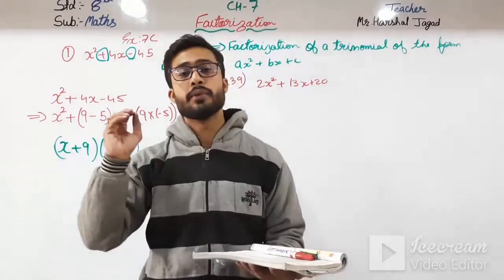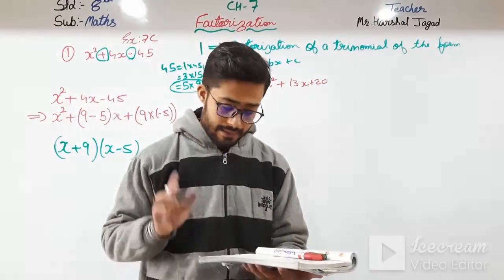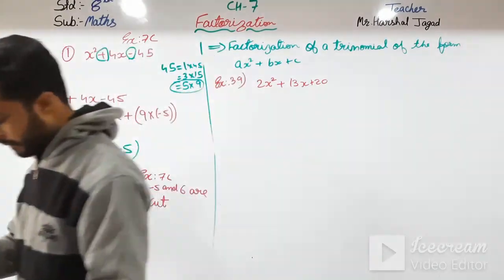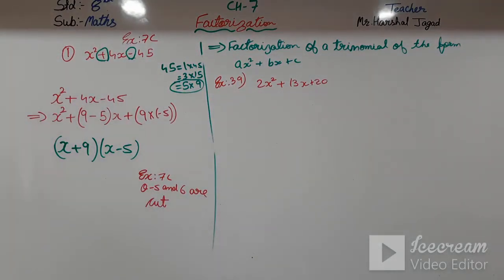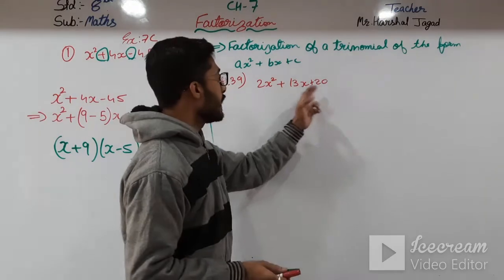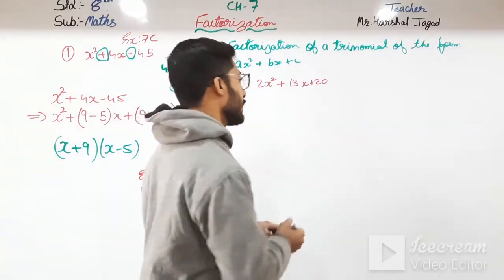Here also we will do the same, which we have done before. Here we have to multiply these both, 20 into 2, that is 40. So we will find the factors of 40.